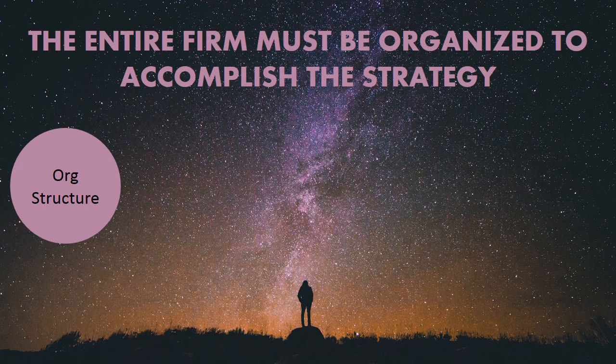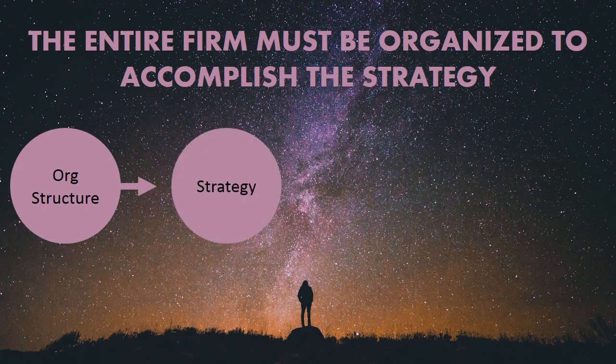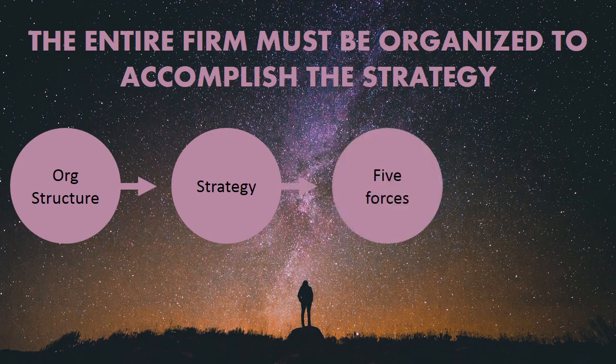Because organizational structure helps us accomplish our strategy, going back to Porter's generic strategies of cost leadership, cost focus, broad differentiation, and differentiation focus. Why do we care about our strategy? Because it positions us within the industry to combat the five forces of rivalry, buyer power, threat of new entrants, threat of substitutes, and supplier power.